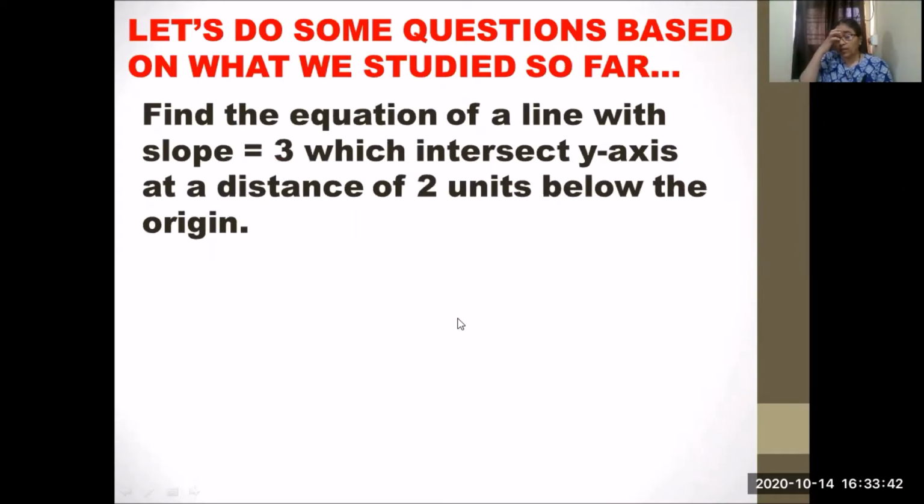Find the equation of a line with slope 3, which intersects the y-axis at a distance of 2 units below the origin. So before going into it, I would like to draw the coordinate axes.